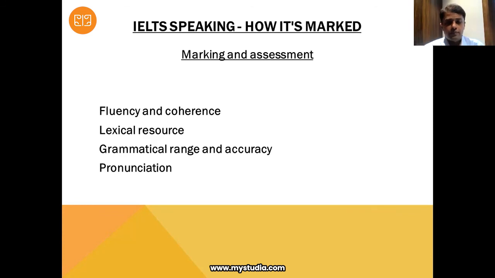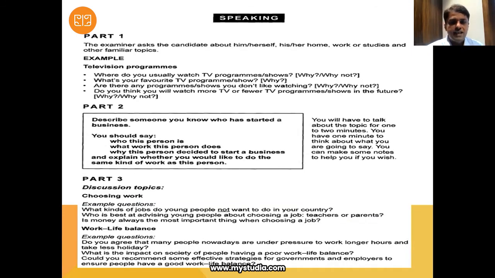What is included in these 4 parameters will be taught to you in your further classes. This is the sample of the speaking test, which you can see on your screen, part 1, part 2, and part 3. You can just go through it.